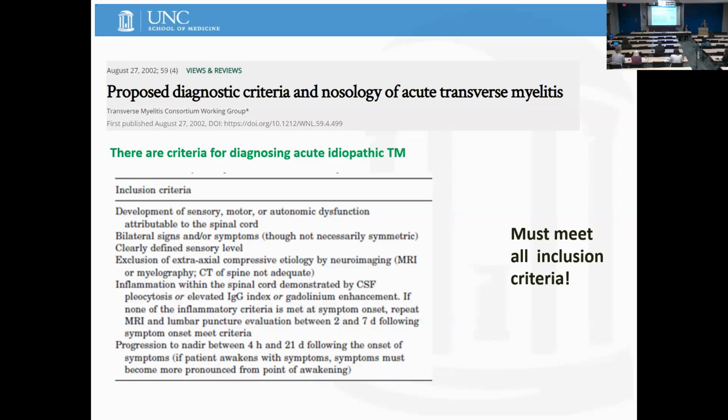But typically, because the lesion is so large within the spinal cord, most people will have symptoms on both the left and the right. And then we'll sometimes see a sensory level, meaning that there might be numbness at the level where the lesion is in the body. And then we obviously want to exclude other causes as well. So those are the diagnostic criteria that we use to diagnose transverse myelitis.